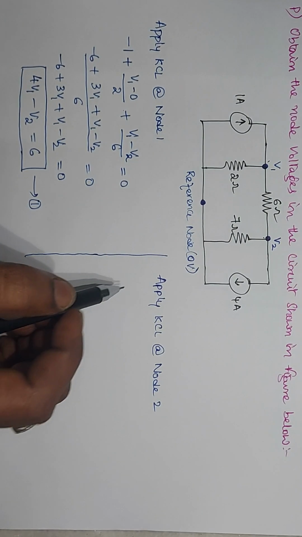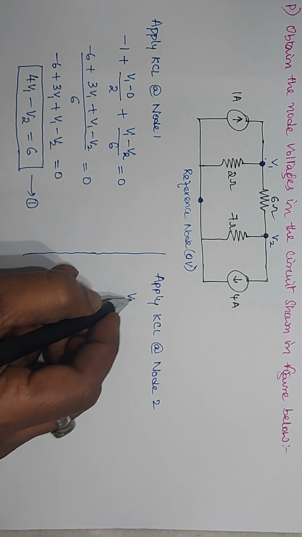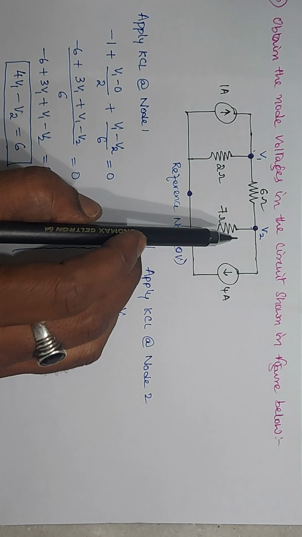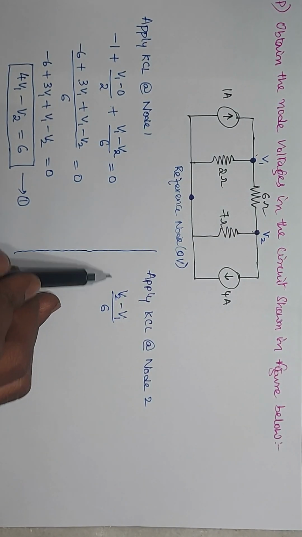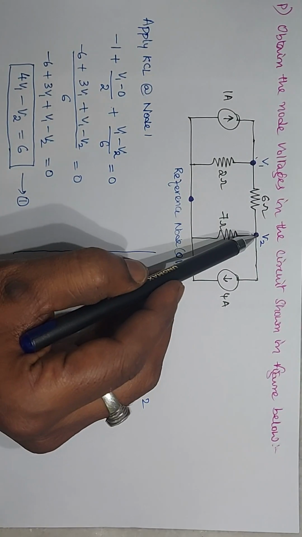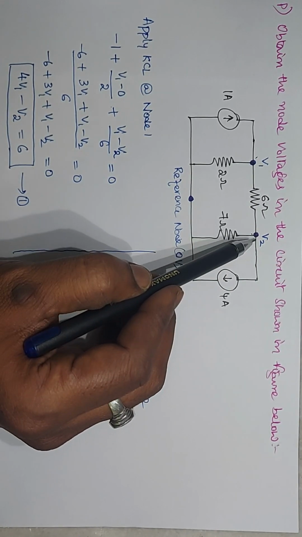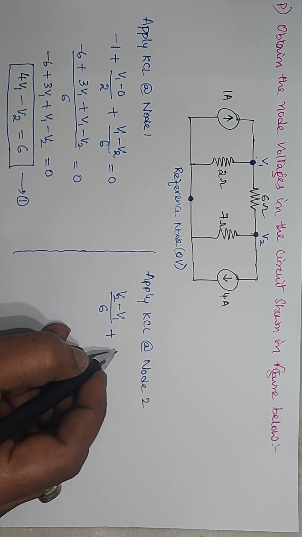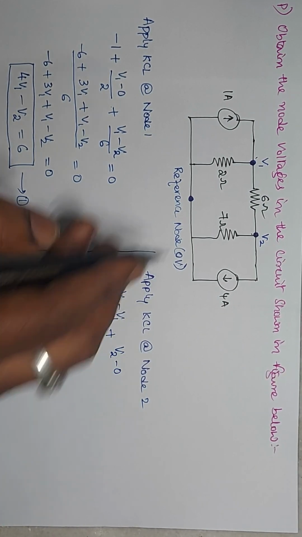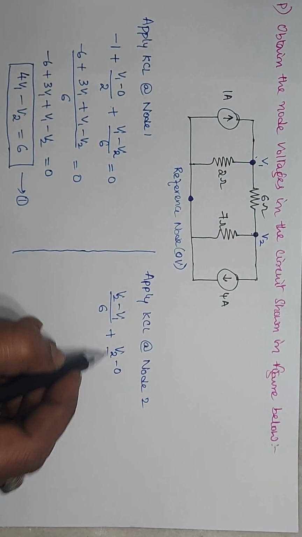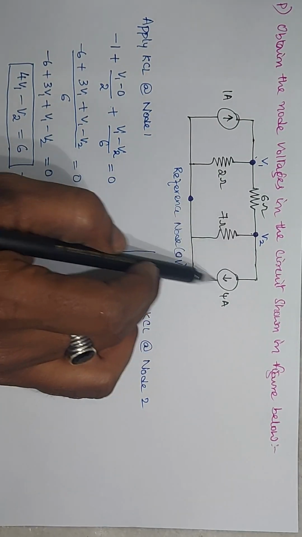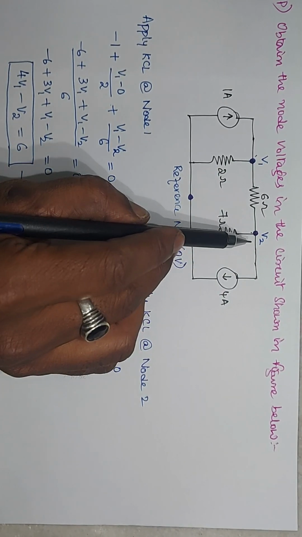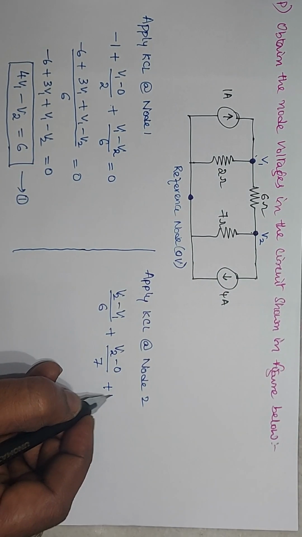The potential difference is V2 minus V1 divided by 6. The current is leaving, so you consider it a positive polarity. Next, the 7 ohm resistor is connected between V2 and 0 potential, so the potential difference is V2 minus 0, divided by 7, and this current is leaving, so I consider leaving current positive. So it is a plus 4.